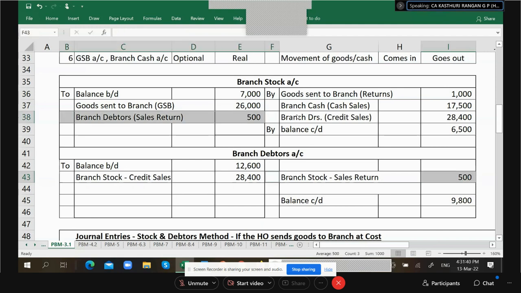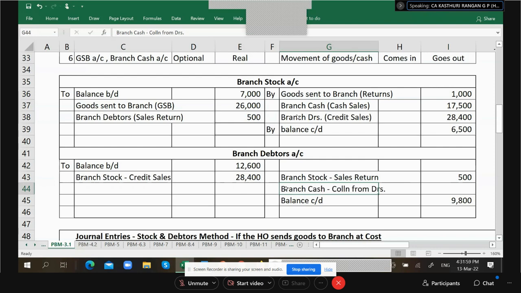Customer returns the goods to branch. So debit stock account, credit debtors account. When the goods are sold, debit debtors, credit stock account. Clear? Then the problem tells you collection from debtor. Credit the debtor account by branch cash. How much? 28,500.